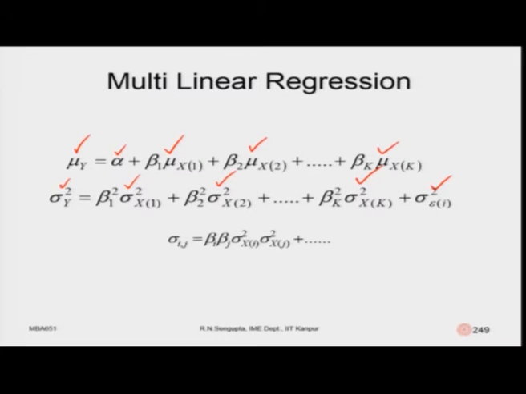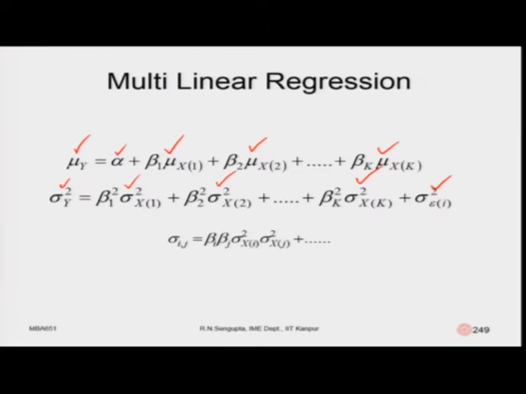We have assumed that the x's themselves are independent, so their covariances vanish. Covariances between the error and the x's are not there, hence they also vanish, and the covariances between the fixed term alpha and the random variables will obviously be 0. So, the covariances between alpha and x 1, alpha and x 2, till the last one alpha and x k, and also alpha and epsilon, all will be 0.